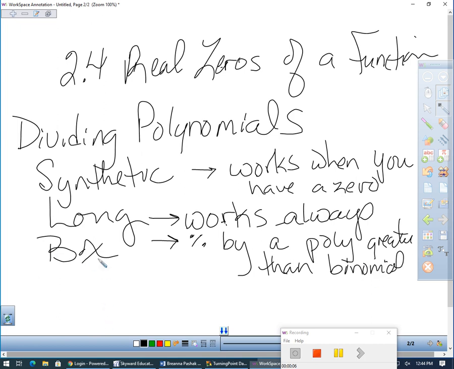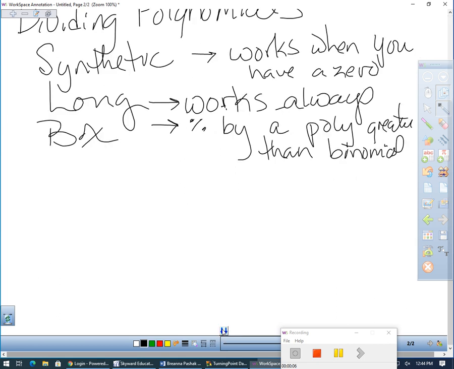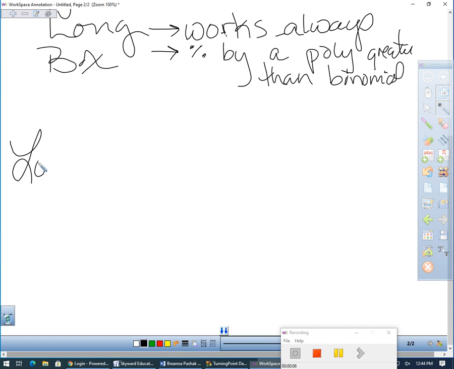Now, you guys told me last year you didn't like the box, but I'm more than happy to do it in either method. Okay. All right, so let's first start by talking about long division. I want to remind you about long division because, of course, that always works, so it's always good to have in our toolbox.